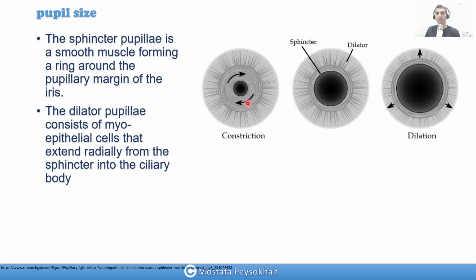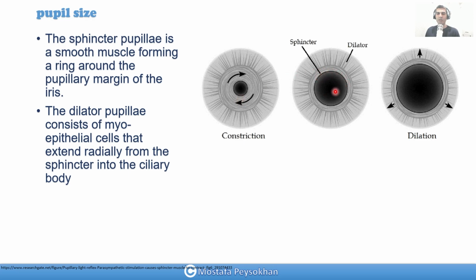When our pupil is in contraction, the sphincter muscle that we talked about is contracted, and the other muscle, the dilator, is in a relaxed form. Like our arms, the other muscle is relaxed and the first one is contracted, so the pupil gets smaller.